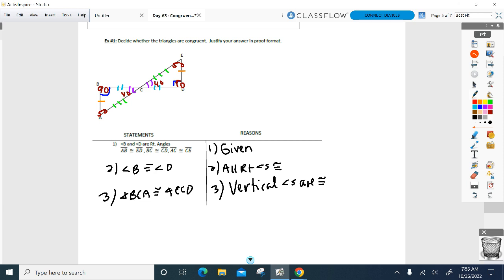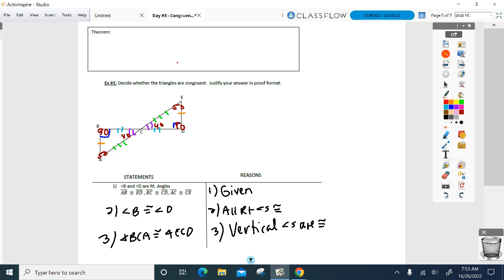And that is what's called, at the bottom of your page, the third angles theorem. All right, which we'll talk about right now and write down. In two triangles, if two pairs of angles are congruent, then what else do I know?